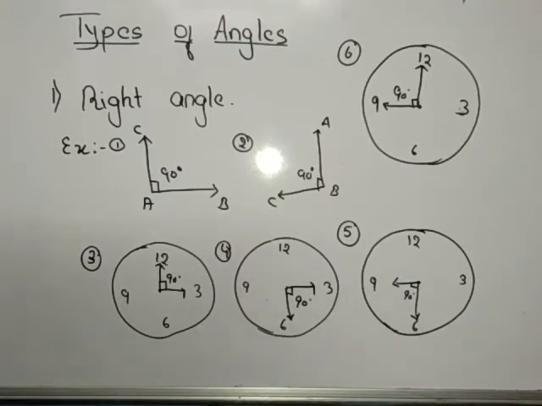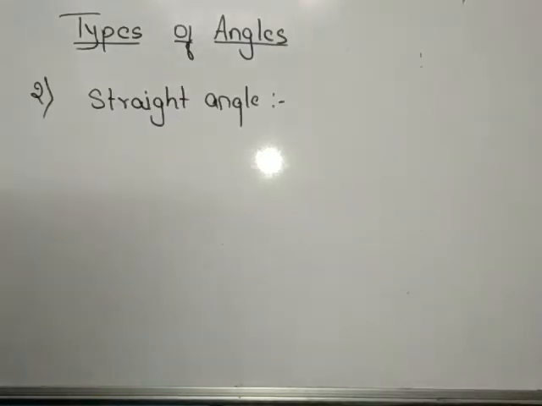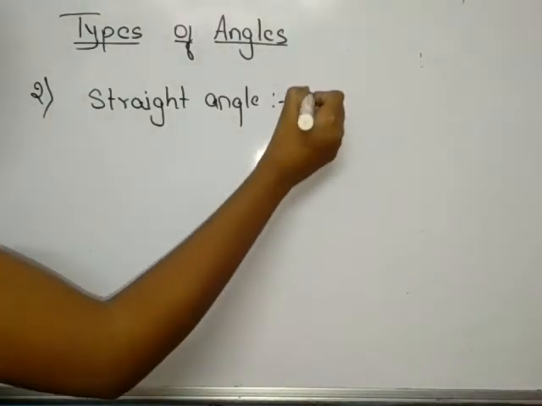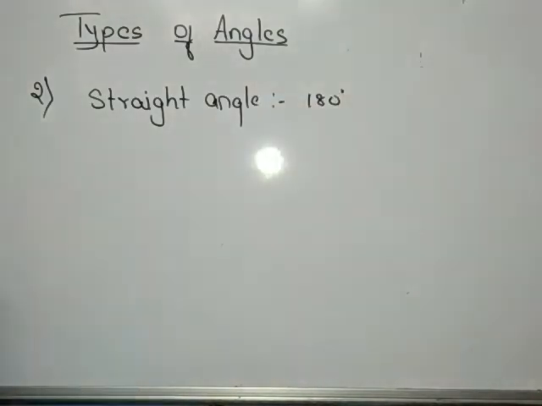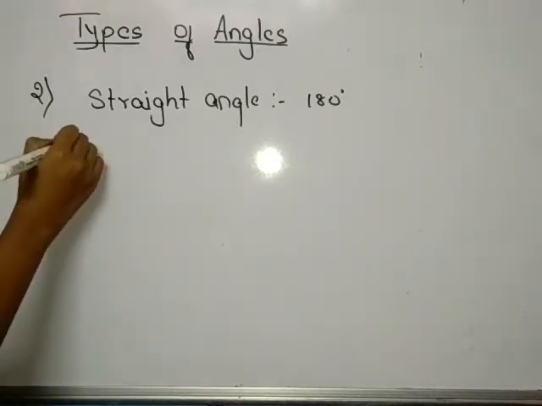We'll see the second type, that is the straight angle. What is a straight angle? A straight angle is nothing but an angle of 180 degrees. If the angle between two rays is 180 degrees, it is called a straight angle. We'll see examples.